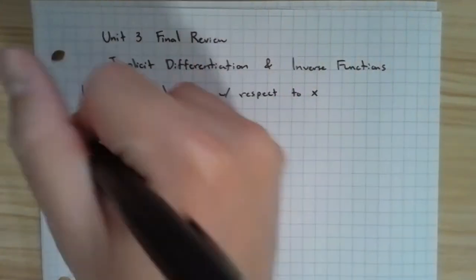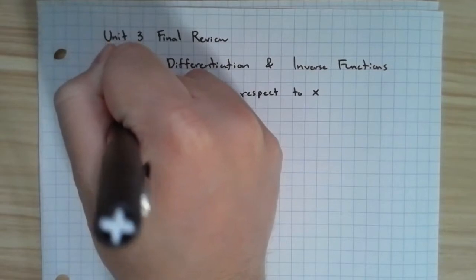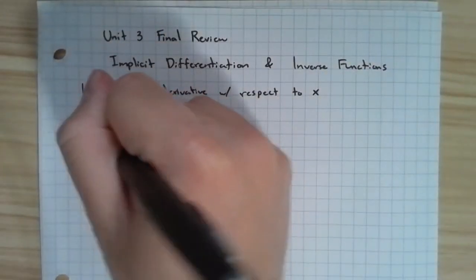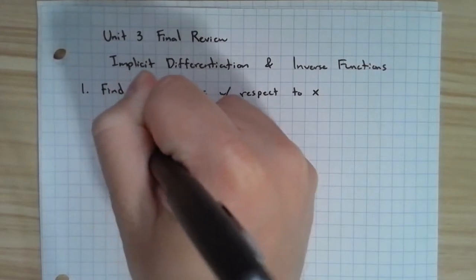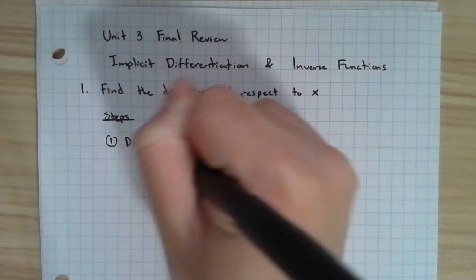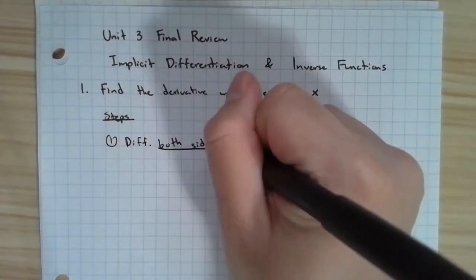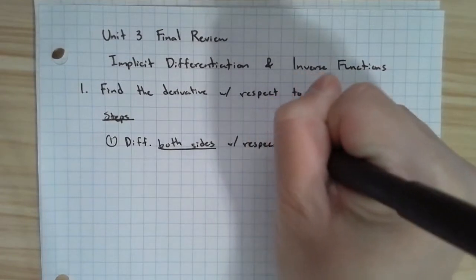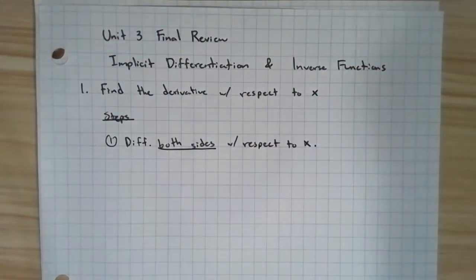The steps are, and I will take this approach for all of them: you want to differentiate both sides with respect to x. Yes, you're turning in these notes, so make sure you write all this in.